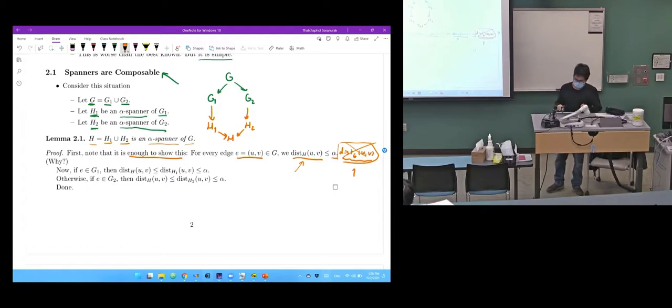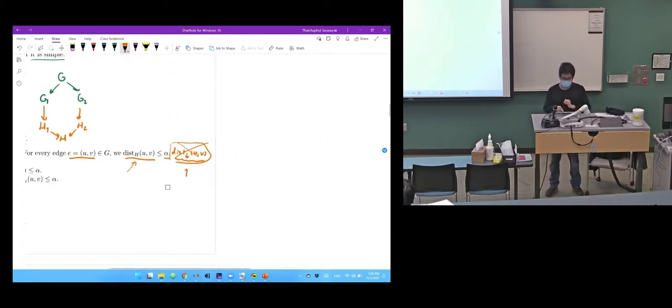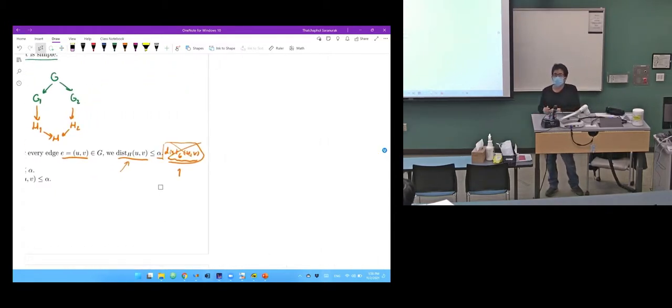Okay, so why is that the case? Why is it enough to just prove that if H preserves the distance for every edge, then it's enough? Every shortest path is a combination of edges, so everything gets worse by only an alpha factor.